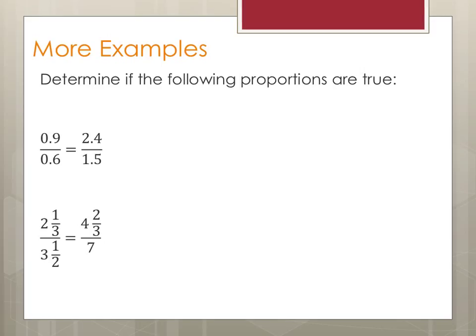Alright, now let's look at some examples where we don't have whole numbers for our numbers on our proportions. As we'll see in this first example, we've got decimals. So, this first cross product here is 0.6 times 2.4. And that should equal the second cross product, 0.9 times 1.5.